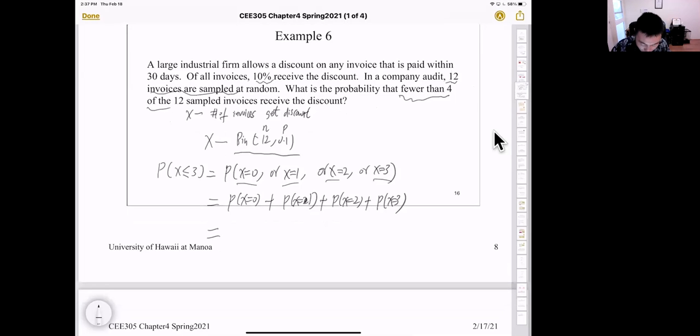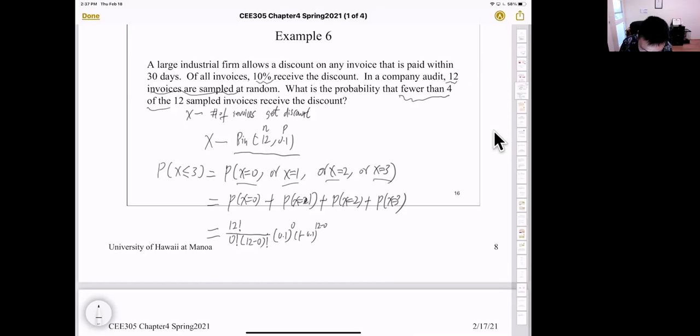For x equal to 0, n is 12, so factorial of 12, over factorial of 0 times factorial of 12 minus 0, times 0.1 to the power of x, which is 0, times 1 minus 0.1 to the power of n minus x, 12 minus 0.